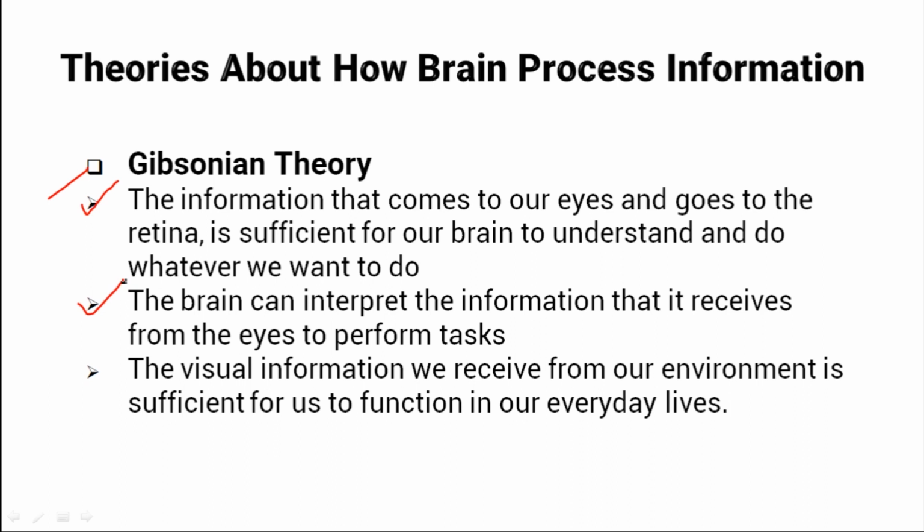This theory emphasizes that the visual information we receive from our environment is sufficient for us to function in our everyday lives. The Gibsonian theory believes that the information from the sensory organs that goes to the retina is enough for humans to make all kinds of decisions and manipulations.